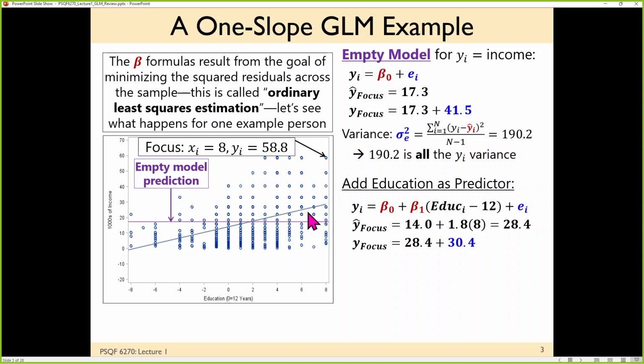That's the blue line. So now if I look at the prediction for this really rich person relative to the rest of the sample, I'm closer, right? It's closer to where the dot is, but it's not that close. So now I have a predicted outcome of 28.4, and the residual is smaller than it was. And if this predictor is useful, everyone's residual should be a little bit smaller than what they were without predictors.